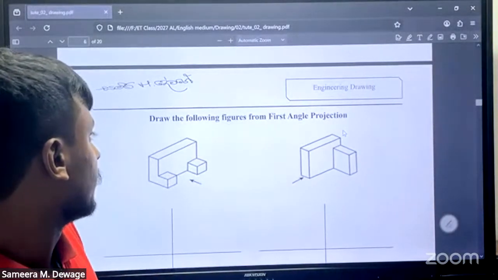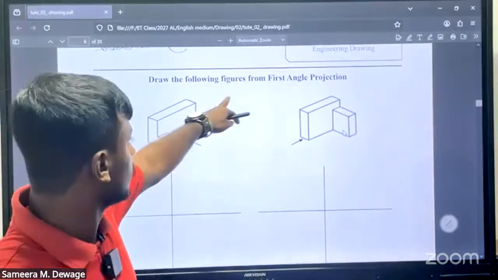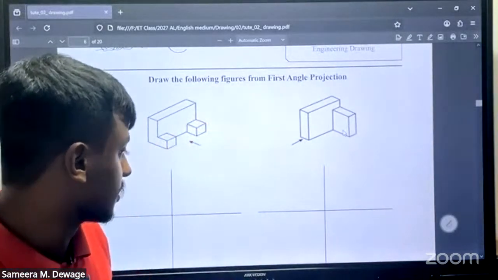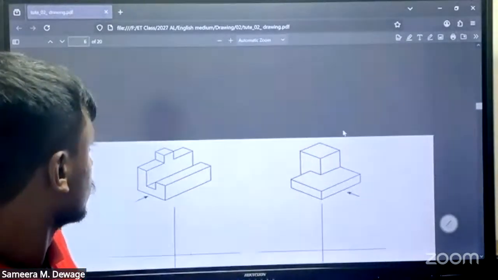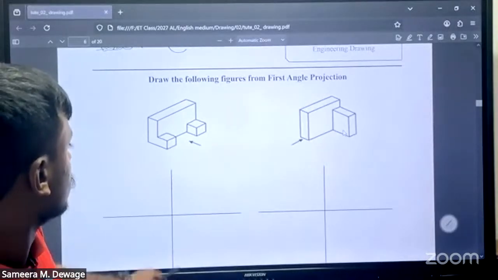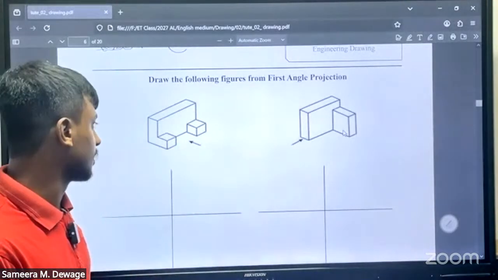Draw the following figures from first angle projection. Number 5. You need to draw these figures according to the first angle projection.